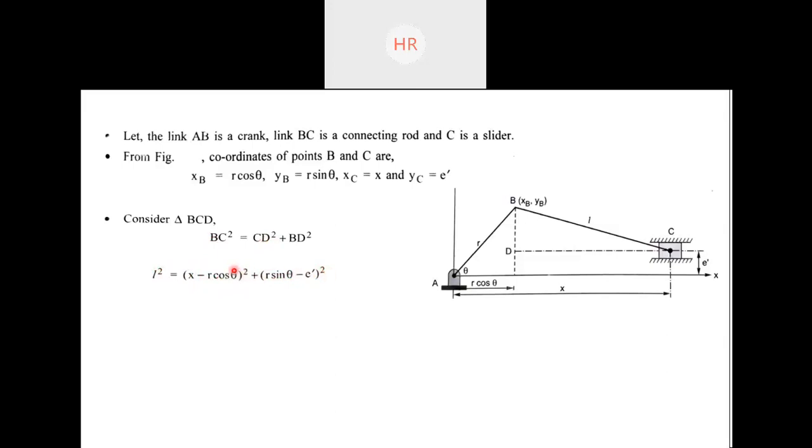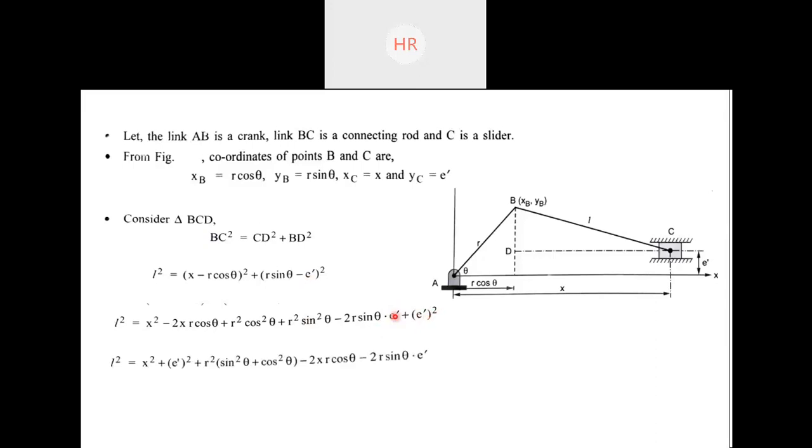Now open up this bracket, and simplifying the squares, L square is equal to x square minus 2xr cos theta plus r square cos square theta plus r square sin square theta minus 2r e dash sin theta plus e dash square. Now let us rearrange the terms.